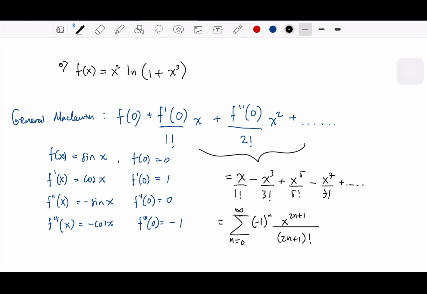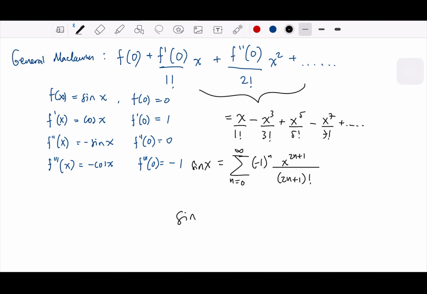Now, if you know this sine, so this is sine x, then sine of pi over 4 x, we exchange the x with pi over 4 x.